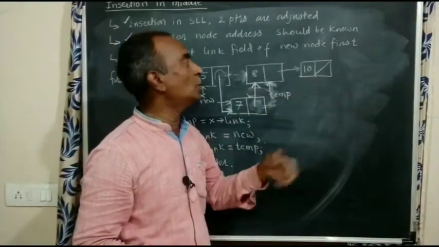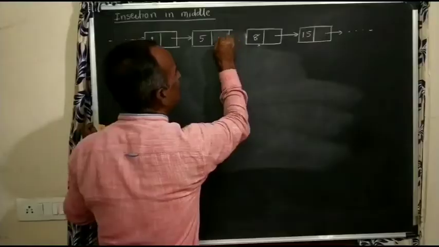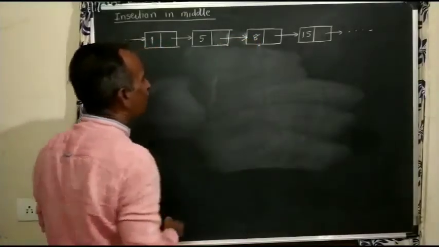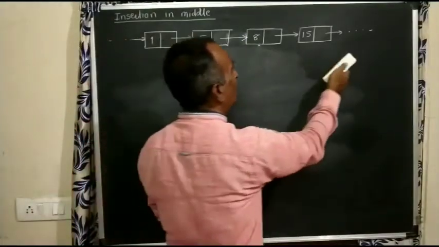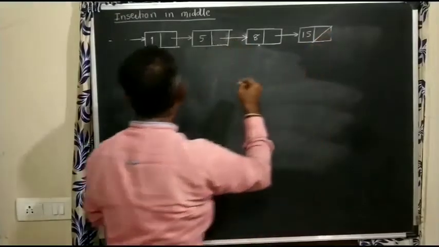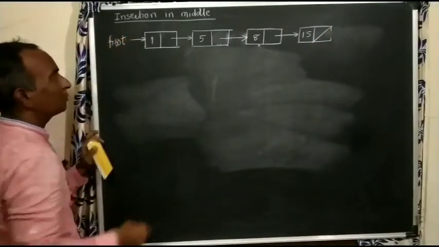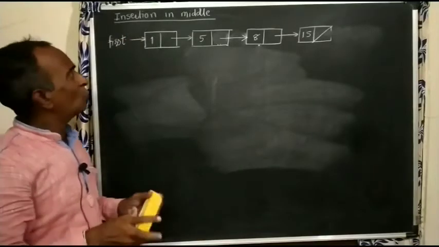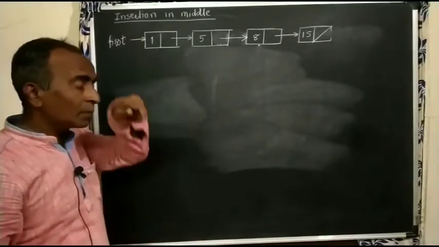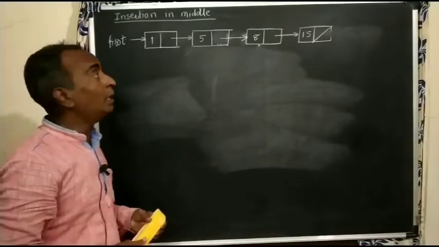If I want to insert 20 in this list, 20 should be after this node. I'll take an example and I'll terminate this. This is the first node. Assume I want to insert a node in order.